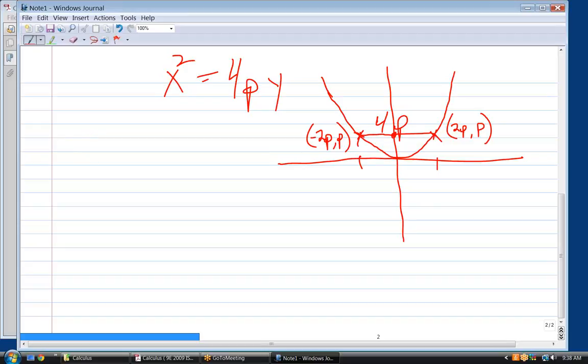And if you'll remember, it ends up being a rather strange looking formula.